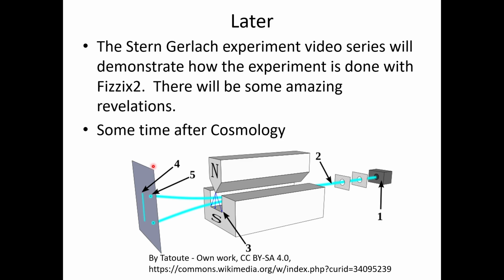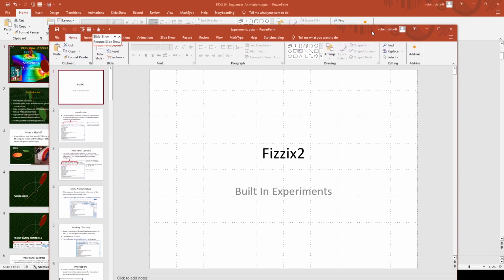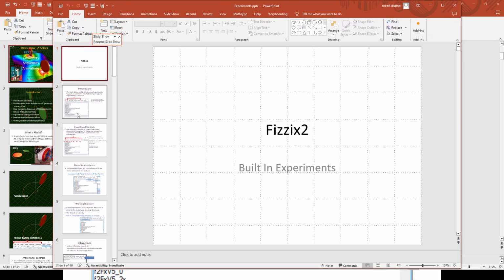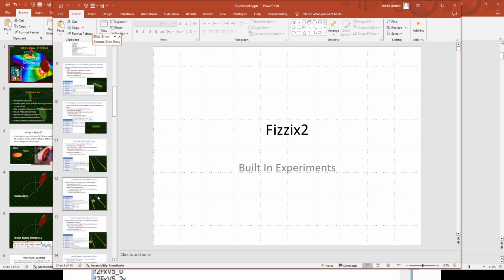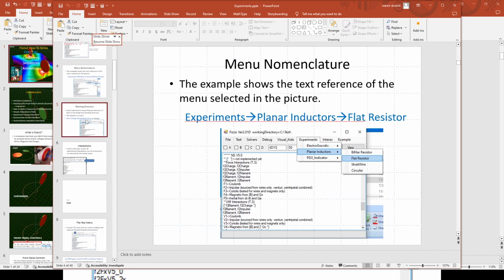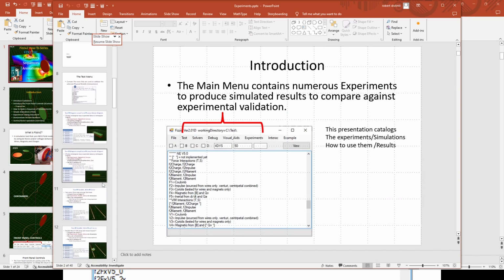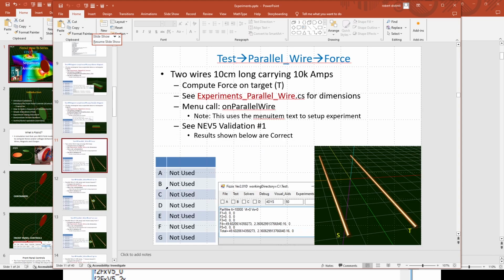Also included with the release, there will be a PDF that explains all of the experiments built into the software. Let me give you a little update on what that looks like now. It'll be in PDF form, but it's going to discuss all of the experiments that are available from the main menu, where you find each one and what the front panel controls do.